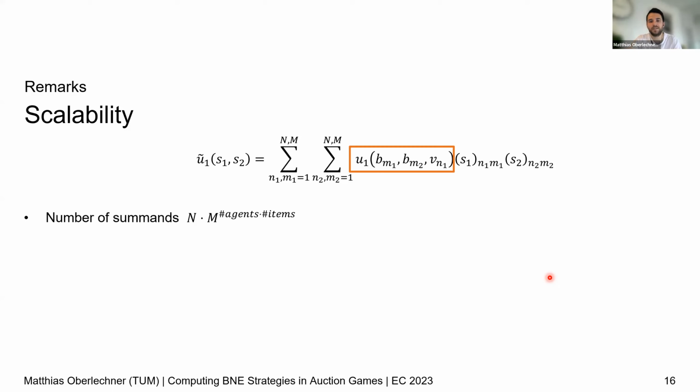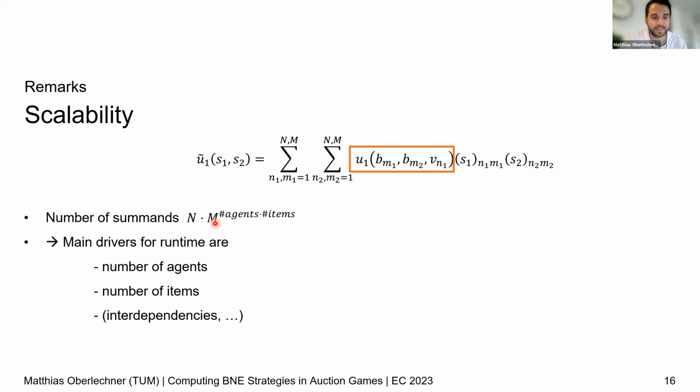And this means we have to sum over n times m to the power of number of agents times number of items, numbers basically. And n is here the discretization of the valuation space, and m is the discretization of the action space.